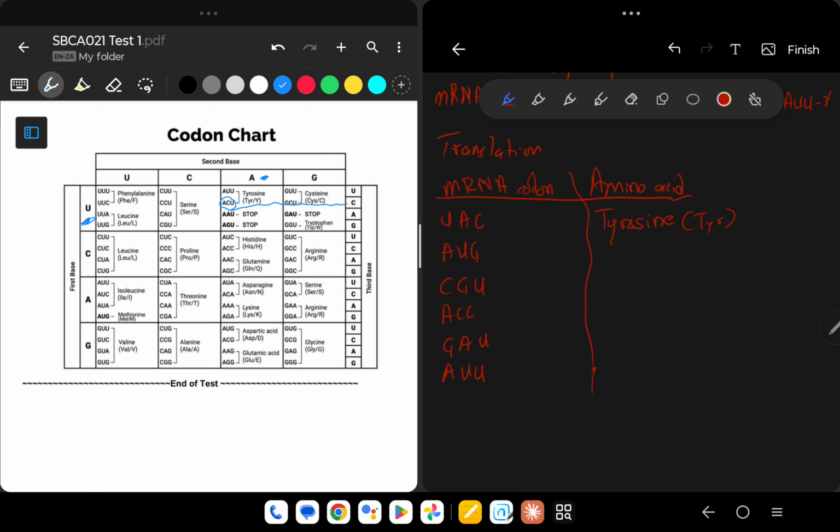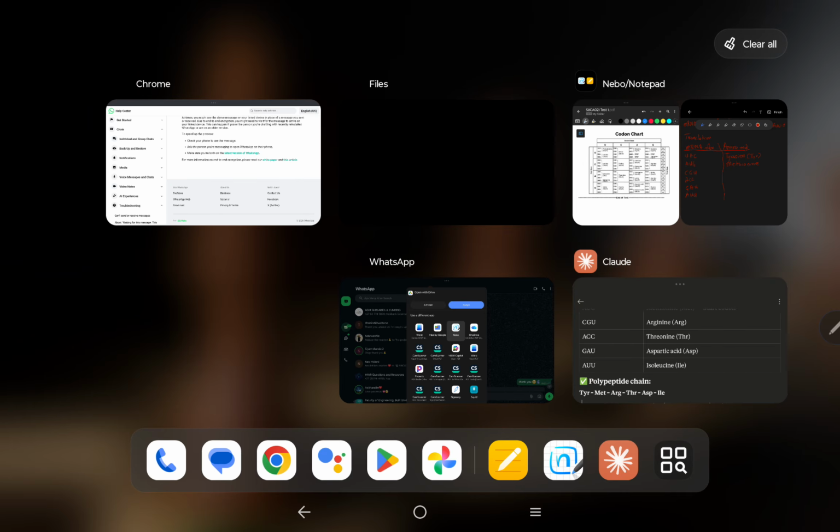And then what about AUG? You do AUG as well. The first base is A, and then it's A, U, and then G is giving you methionine.